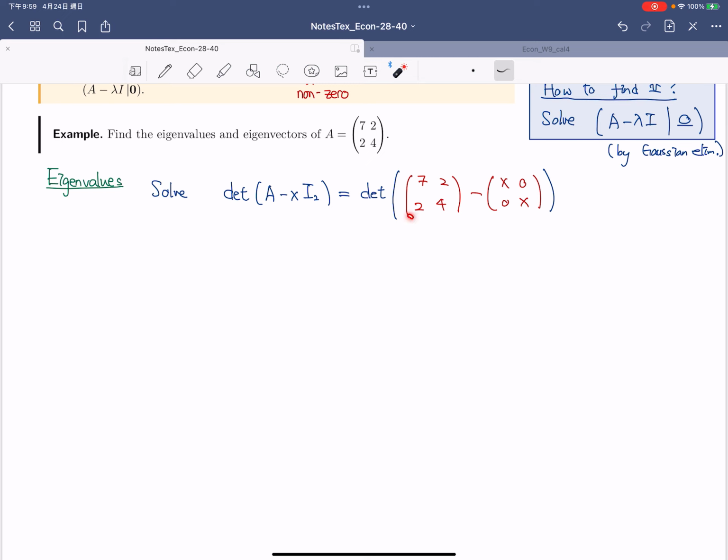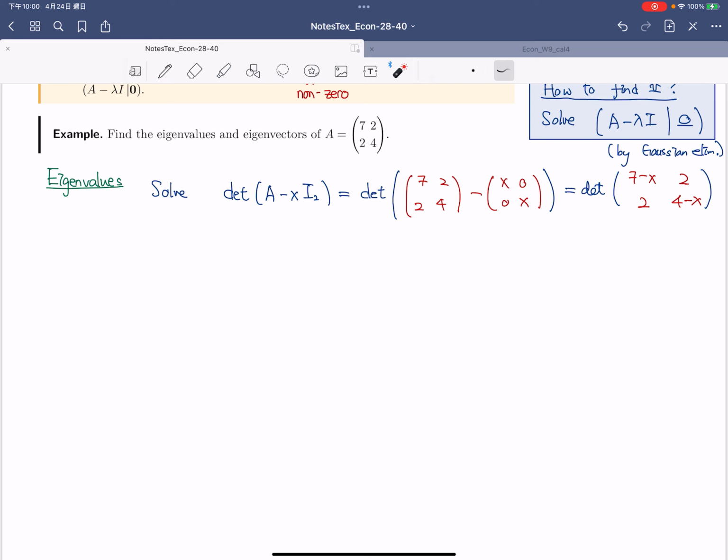How do you subtract matrices? Well, subtracting matrices is like subtracting vectors. You do it component-wise. So this becomes the determinant of 7 minus x, 2 minus 0 is 2, and then 2 and 4 minus x.